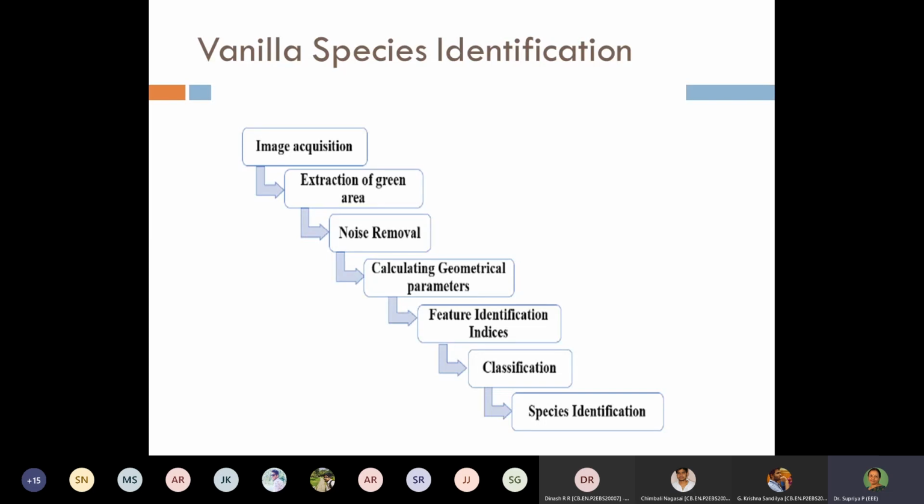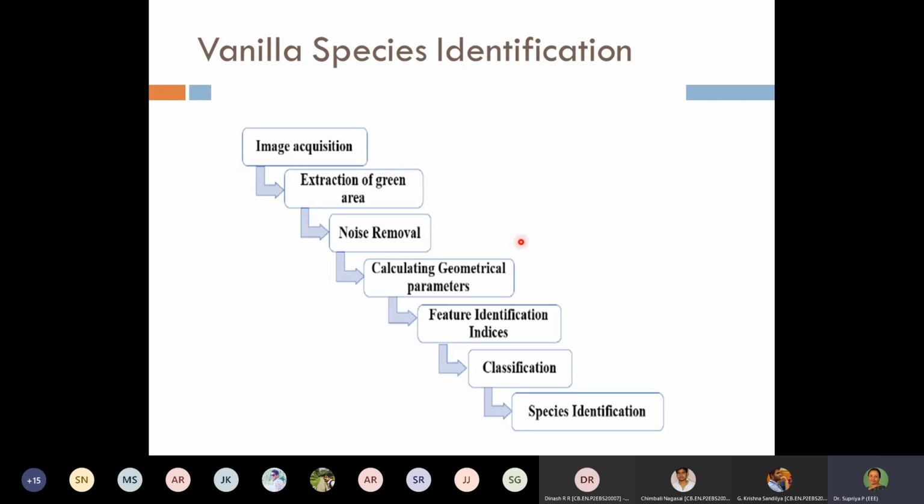So an image processing application was carried out to differentiate between the cultivated species and the wild species. Actually, two cultivated species and two wild species have been considered in this work. So how are we going to differentiate them?